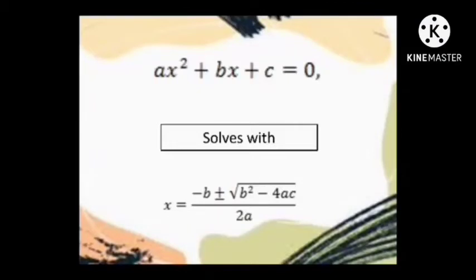After learning how to determine the roots of a quadratic equation ax squared plus bx plus c equals 0 by using the ABC formula, from the formula above, it appears that the roots of the quadratic equation are largely determined by the value b squared minus 4ac.